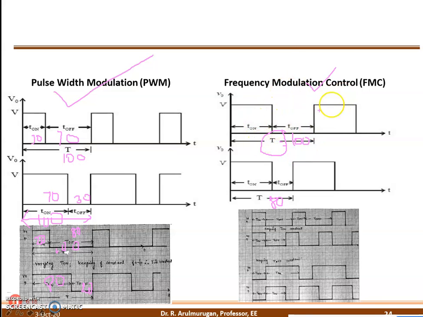This is called frequency modulation. I am not touching the on time or off time. The on time may be the same, but the off time is totally reduced. Because of that the total time changes, since total time is inversely proportional to the frequency. This is about frequency modulation. That's all.